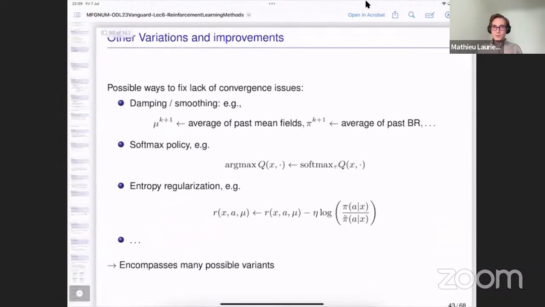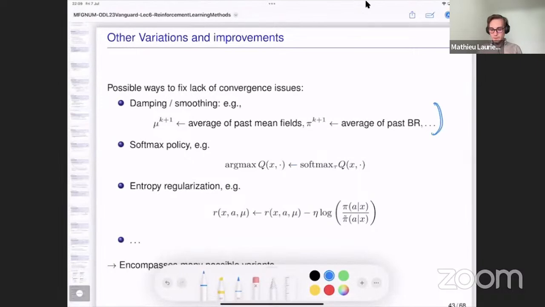There are other ways to regularize. So I mentioned the averages over past iterations. I mentioned the argmax that you can transform into a softmax with a certain temperature. And you can also regularize the reward by adding an entropy term. For example, the log of pi versus pi tilde being a reference policy that you have in mind, maybe uniform, maybe not uniform.